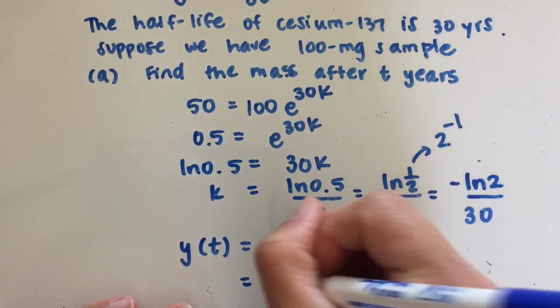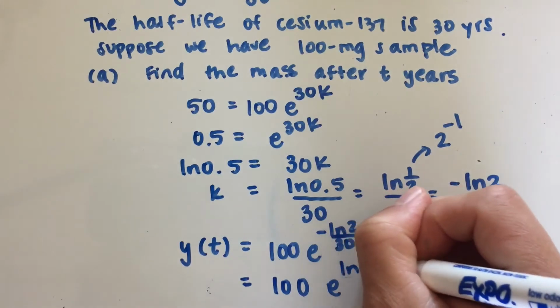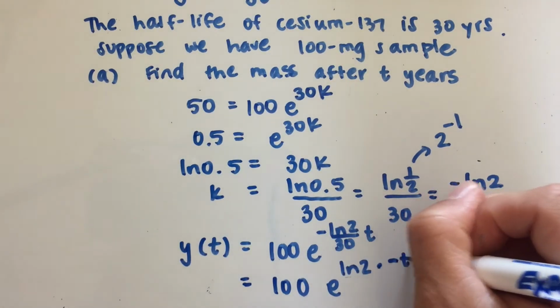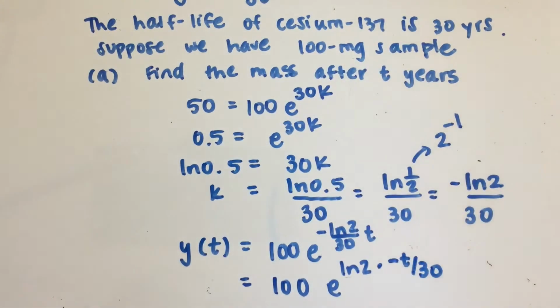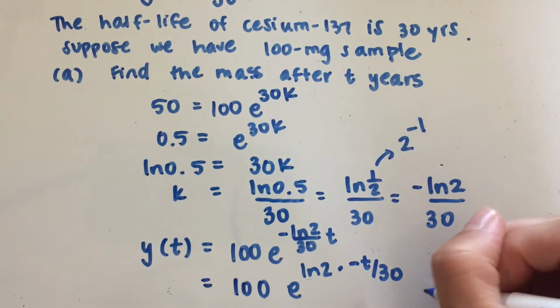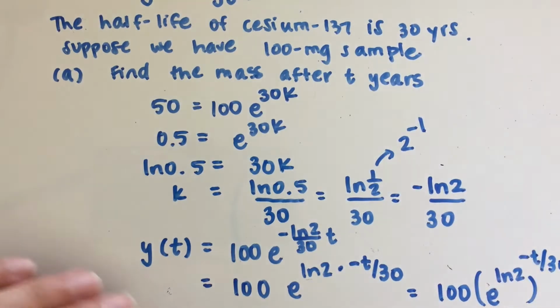So now we can write this as 100 times e to the ln 2 times negative t over 30. And once again, since we have multiplication in our exponents, we can write this as e to the ln 2 to the negative t over 30.